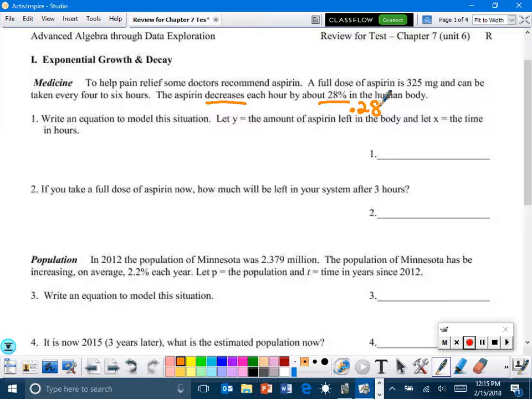All right, so first, since it's decreasing, we've got 325, that's what we're starting with, 325 milligrams, and then times 1, decrease means minus 0.28. And then that would be to the x power, okay?